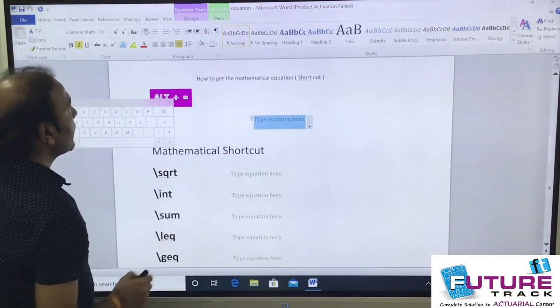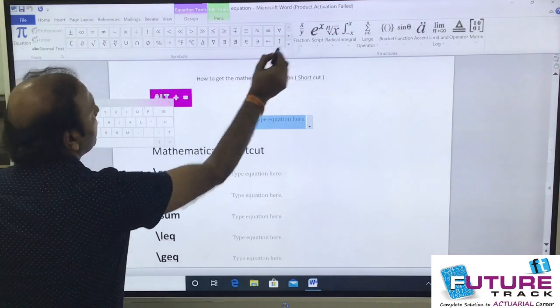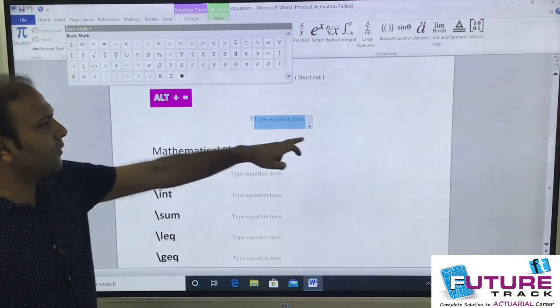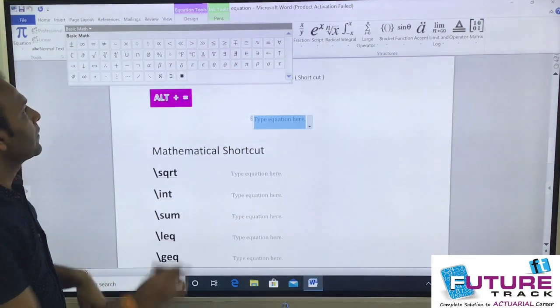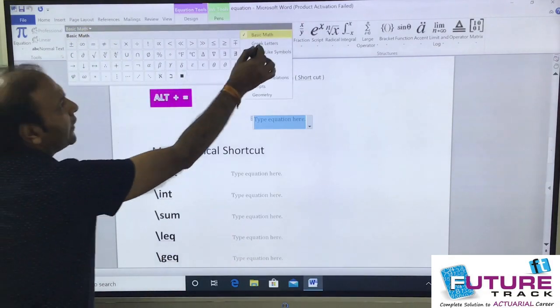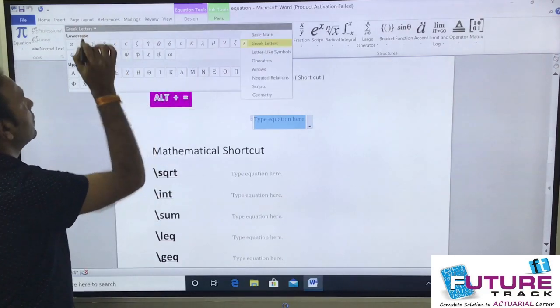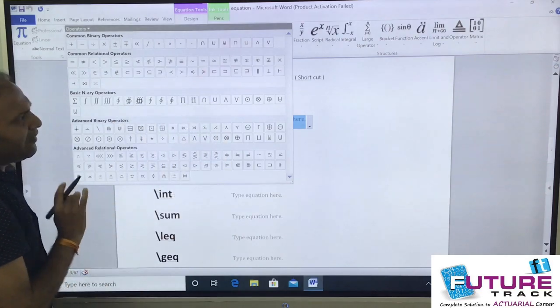Now see, all the mathematical notations are given above. The moment you press Alt equal to, you get this, and all these mathematical symbols are there. Your Greek letters are there, operators, everything is there.